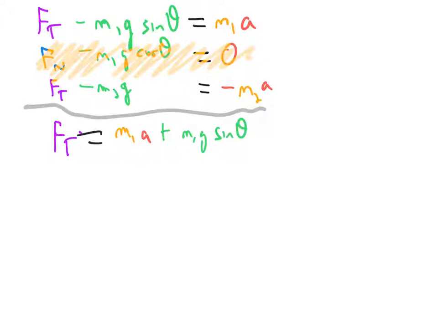And I also get that from the third equation that Ft is m2g minus m2a. And if two things are equal to, right, this Ft is definitely equal to Ft, so then these two things have to be equal.